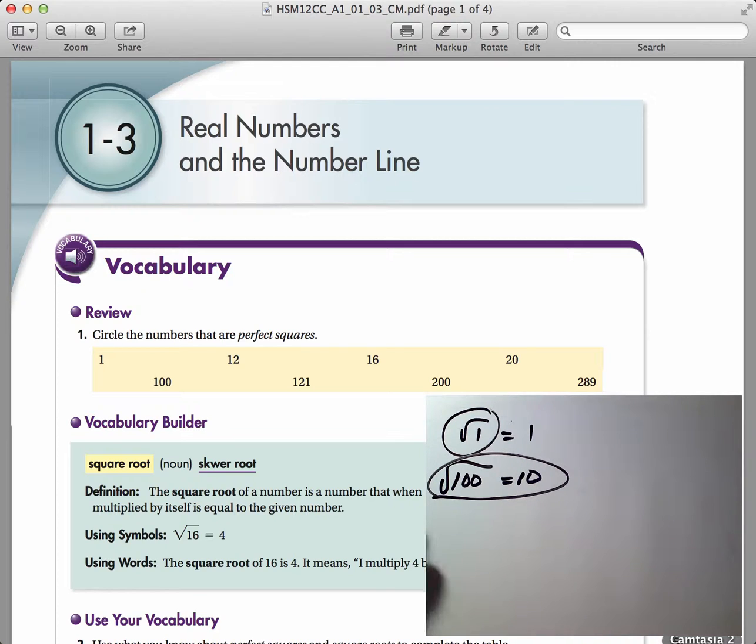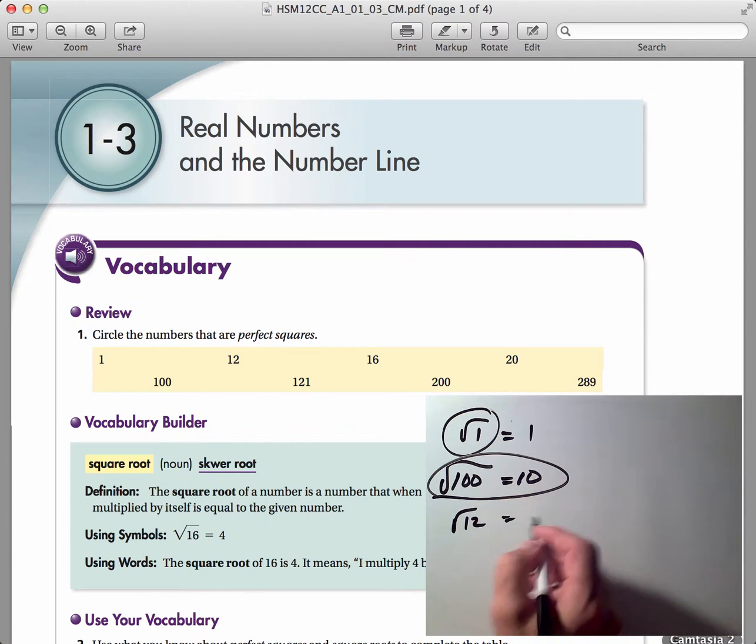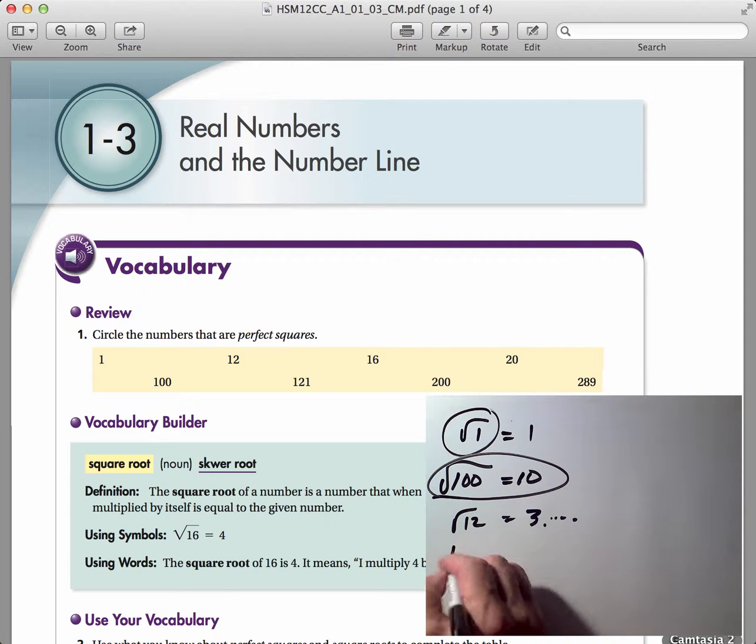All right, you should have gone through and taken a look at some of them. You're going to find that the square root of 12 doesn't come out to a perfect square. That comes out to some number, 3 point something, so it's not a perfect square. 121, the square root of that is 11, so yes, that is a perfect square. The square root of 16 is 4, so yes, that's a perfect square.